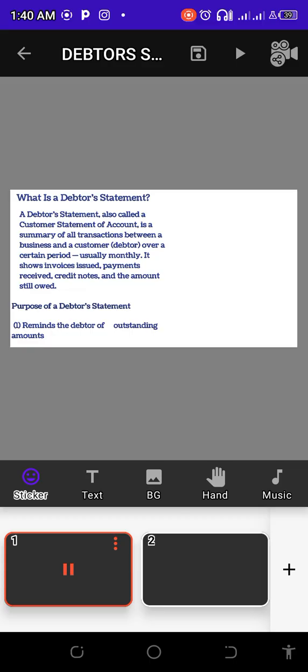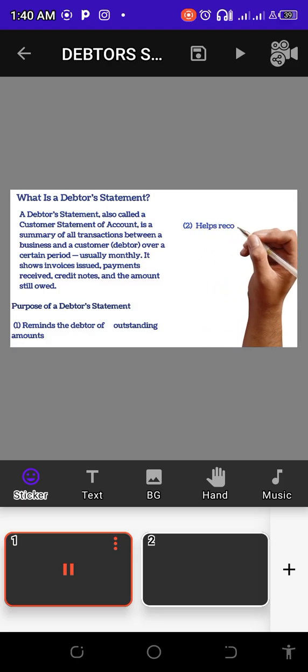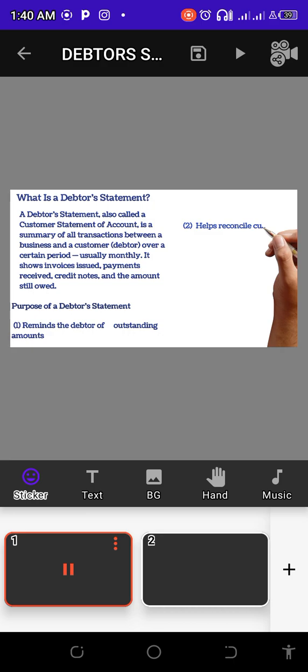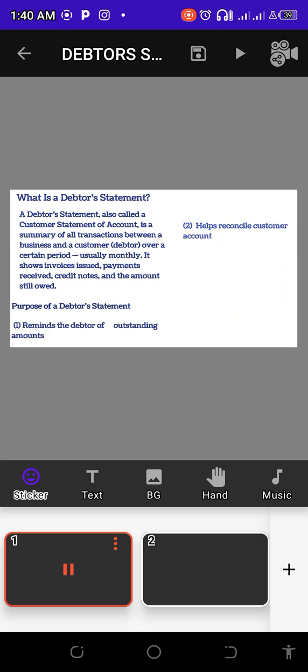The third one is that it helps reconcile customer accounts.